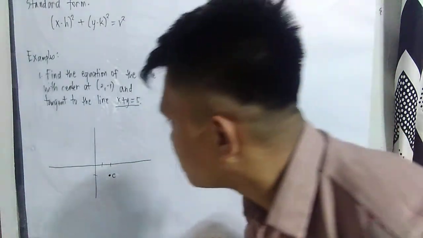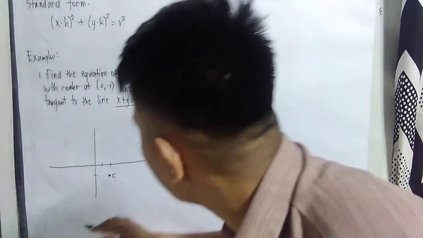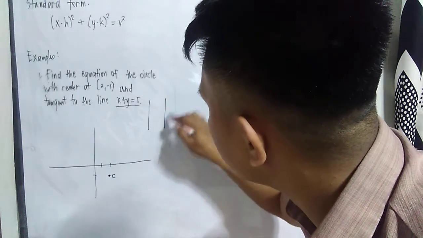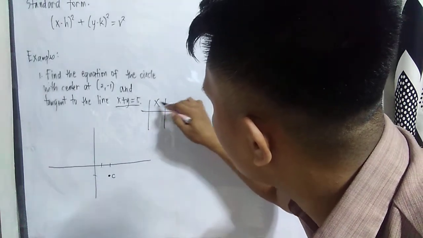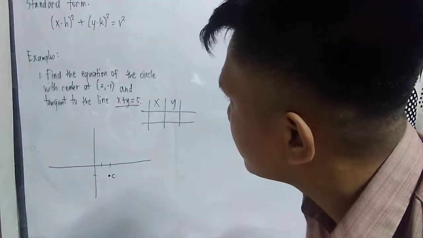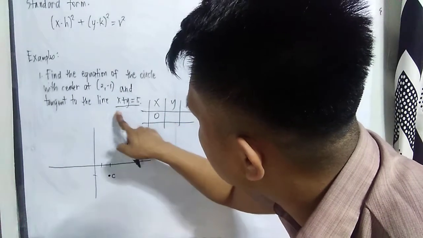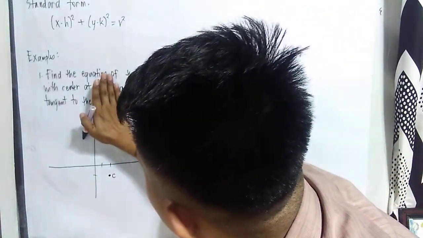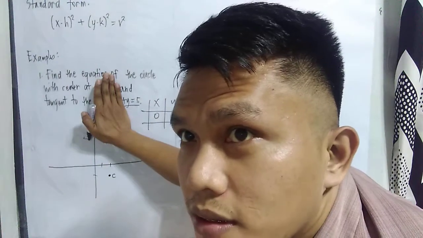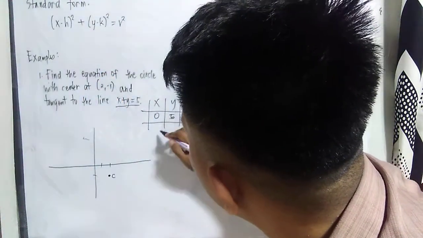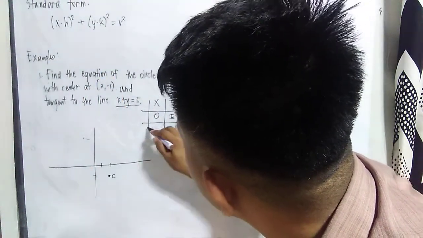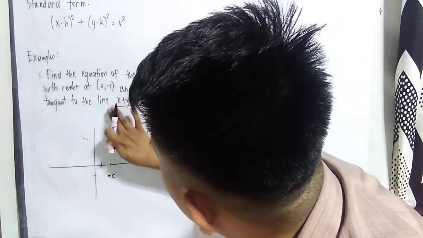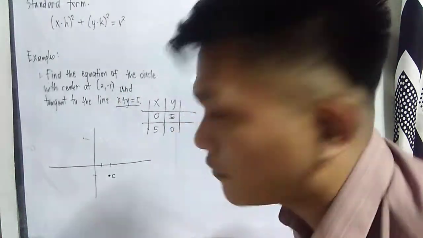Make a table of values, this is our x and this is our y. If the value of x is 0, the value of y equals 5. If the value of y is 0, the value of x is 5.